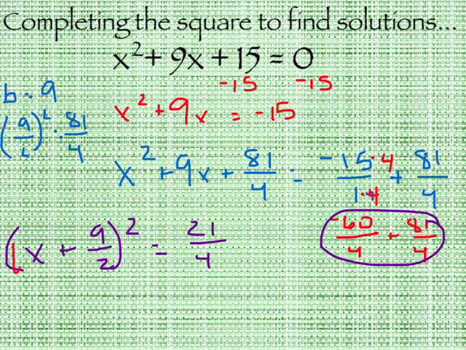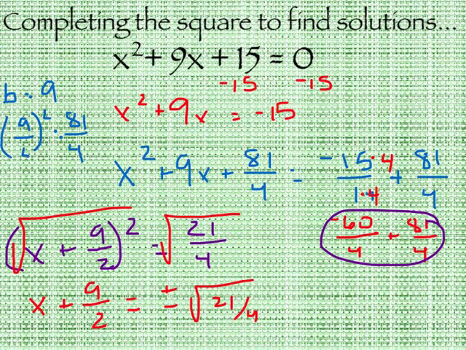We'll take the square root, and we have x plus 9 over 2 equals plus or minus the square root of 21 over 4.